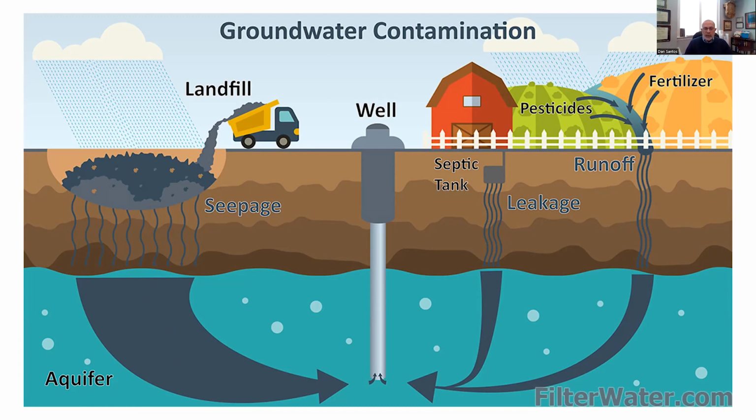It's the same thing with groundwater. That plume of contamination in the water moves with the groundwater. Now, if you have a drinking water well that happens to be in the area where that plume is, you're going to suck that plume up, and thus the contamination, into your drinking water well.